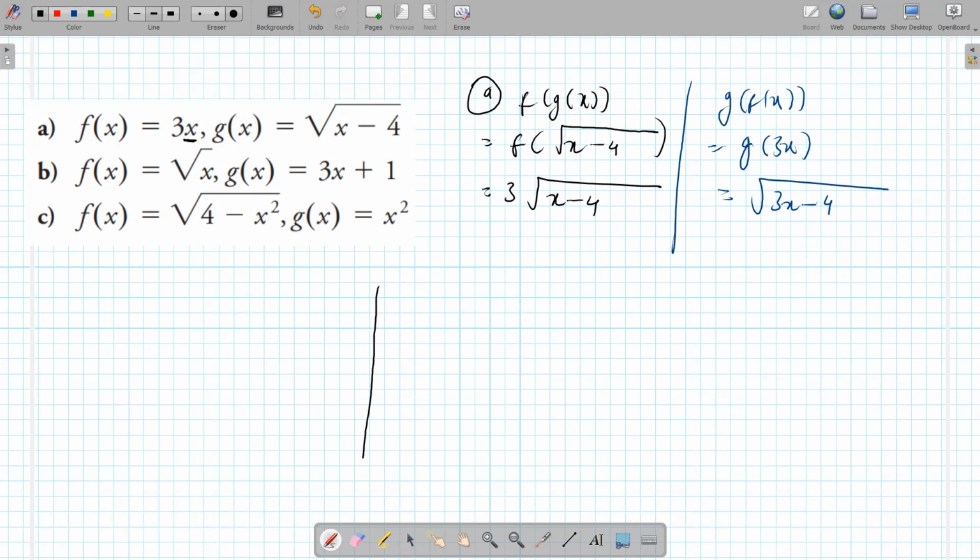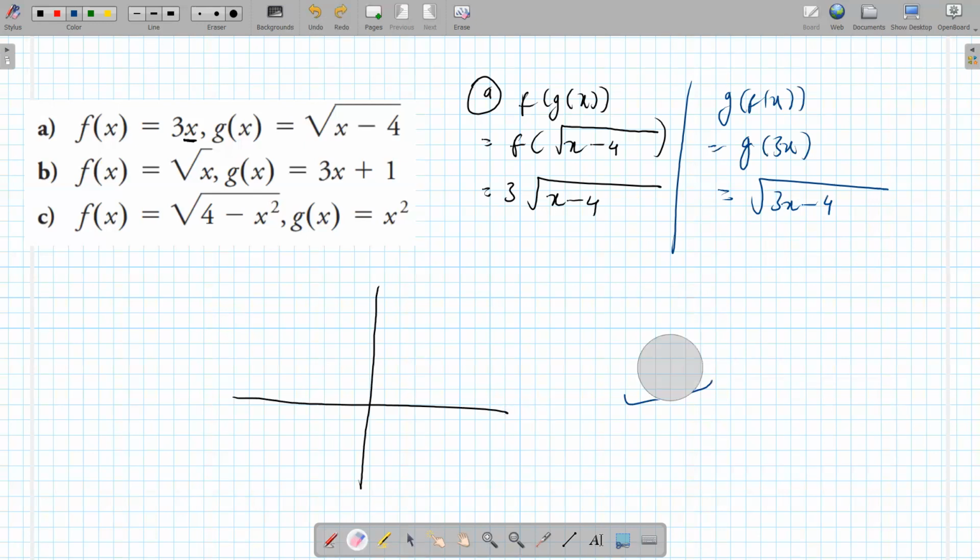For this guy, the stretches don't really affect the starting positions. It is going to pinch it up, but it doesn't affect the starting position. The a and the k value do not affect the starting position.